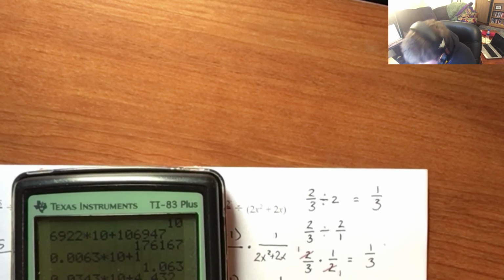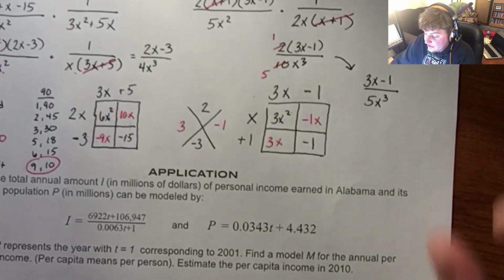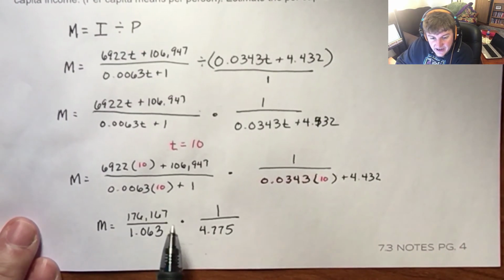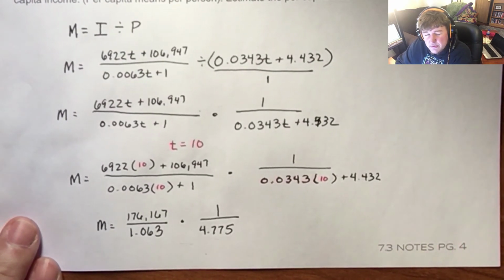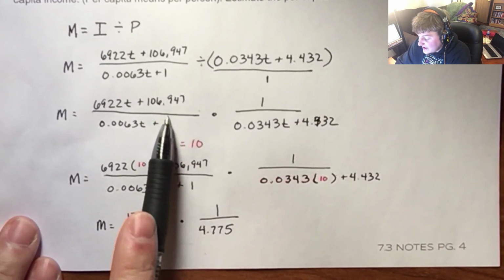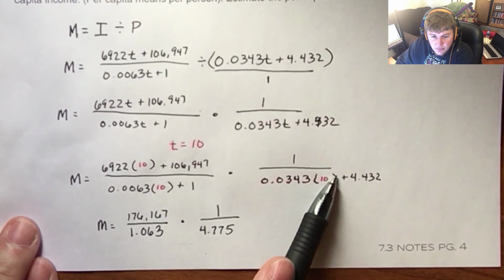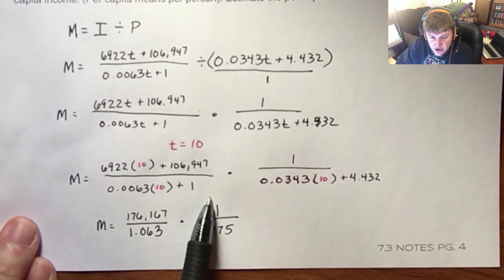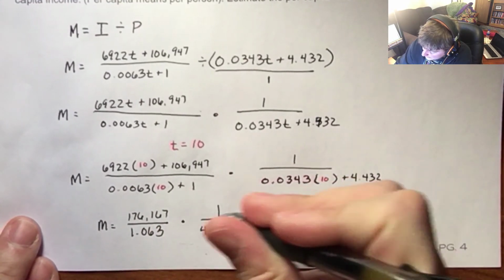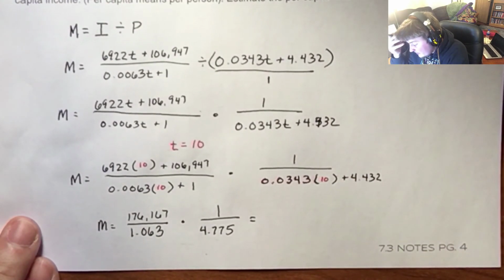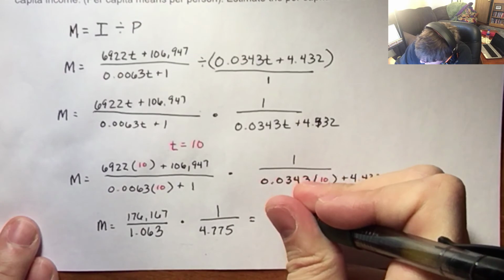Okay, so hopefully what you noticed here is that since these are very messy numbers, expressions that don't factor, we're just going to get it in a form that's just multiplication, and then we can evaluate each individual part. Now we can just multiply straight across here, right? 176,167 times 1 is just that same number.